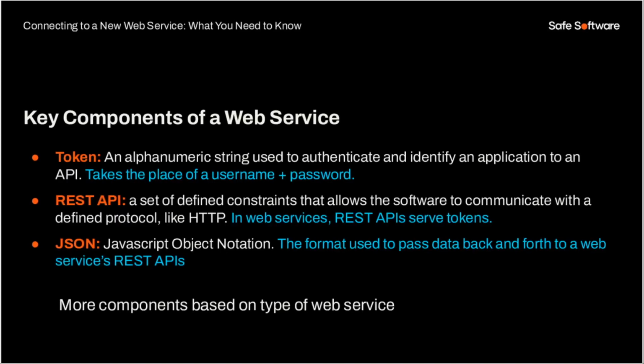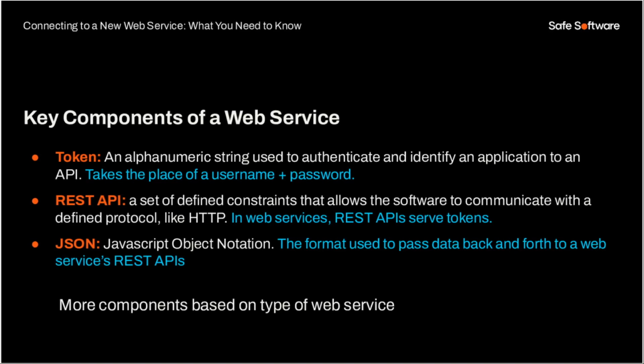Some of the key components of a web service are the token. This is an alphanumeric string used to authenticate and identify an application to an API. And if you've never heard the term token before, you can kind of think of that as a username password. It's just another thing you can use to authenticate. A REST API is a set of constraints that allows the software to communicate with a defined protocol. So this is an interface, and in web services, REST APIs are what serve tokens.